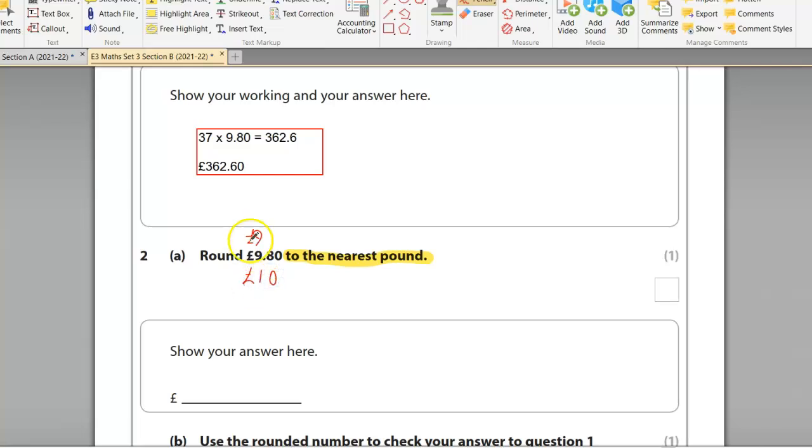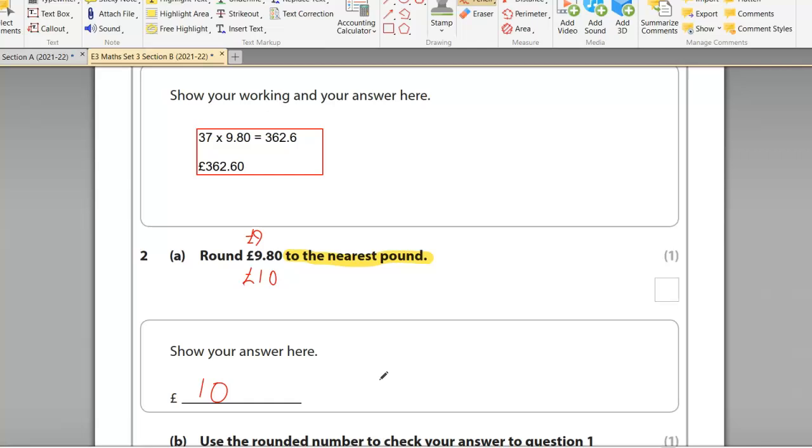So those are the 2 whole numbers of pounds that £9.80 is between. And obviously £9.80 is a lot closer to £10 than it is to £9. So to the nearest pound, £10 is your answer.